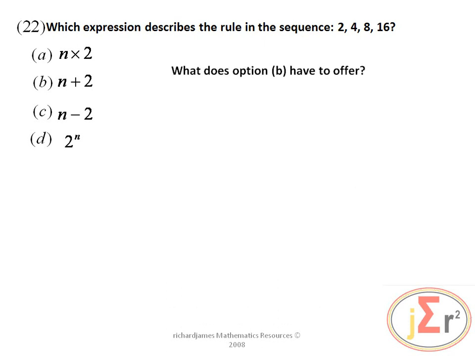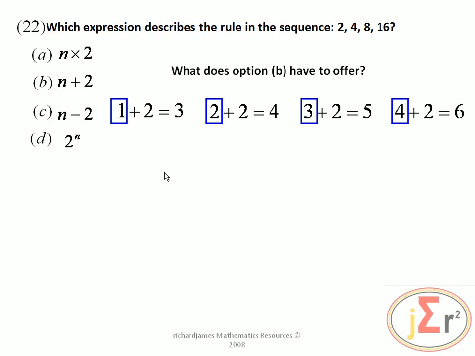What does option B have to offer? So in option B, what are we going to do? We are adding also because it says n plus 2. So what is n? Don't forget that n represents the counting numbers. So 1, 2, 3, 4.